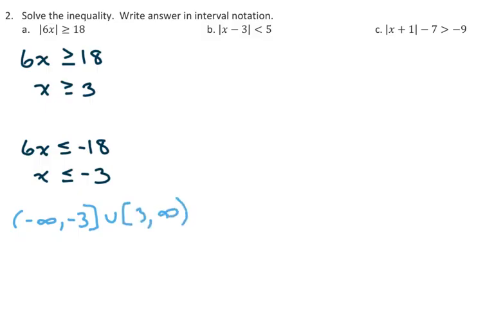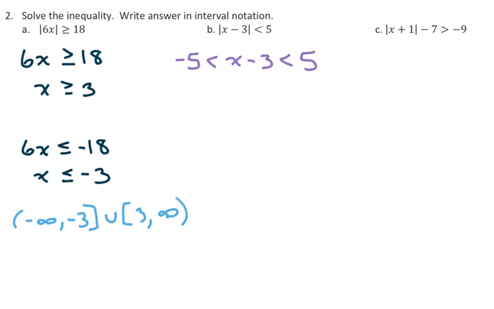Moving on to B. We have the absolute value of x minus 3 is less than 5. Because this is a less than, when you set it up, it ends up being a compound inequality. So the x minus 3 is inside the compound inequality. One side will be the negative 5, and the other side would be positive 5.